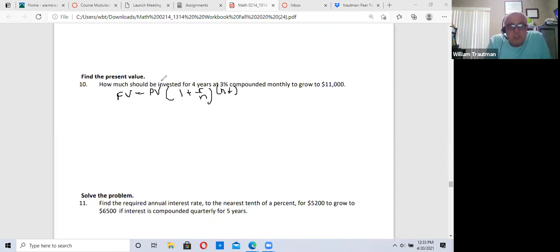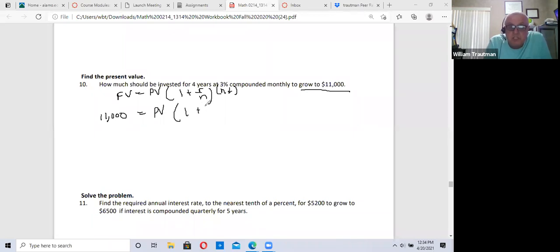It says how much should be invested for 4 years at 3% compounded monthly to grow to 11,000. Well, it's going to grow to 11,000. That's the future value, how much it will be in the future. We're looking for the present value.